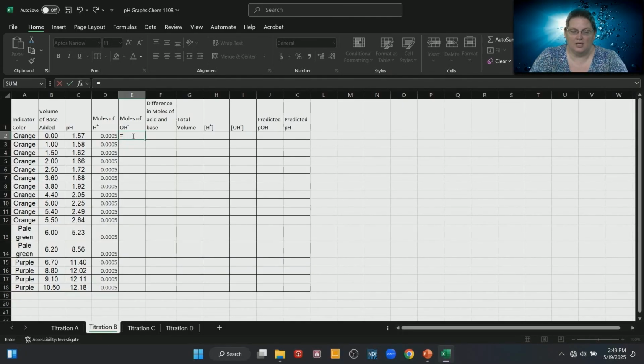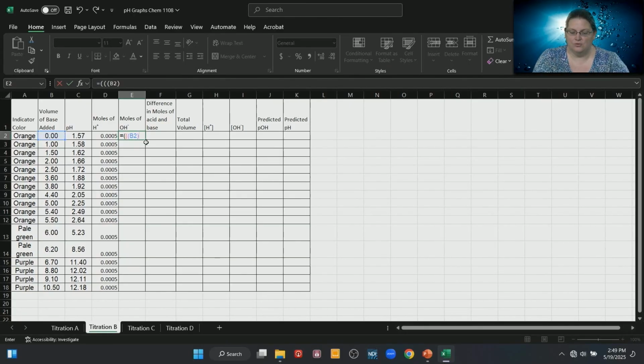We are going to tell it our volume. We're going to start it off with parentheses and then add 2 more parentheses. This is because we have to use order of operations to make it read the formula correctly. So we're going to have 3 of them. Then we're going to select the volume, which is going to be in column B. So we're going to hit B2 because we're on row 2. We're going to close that.